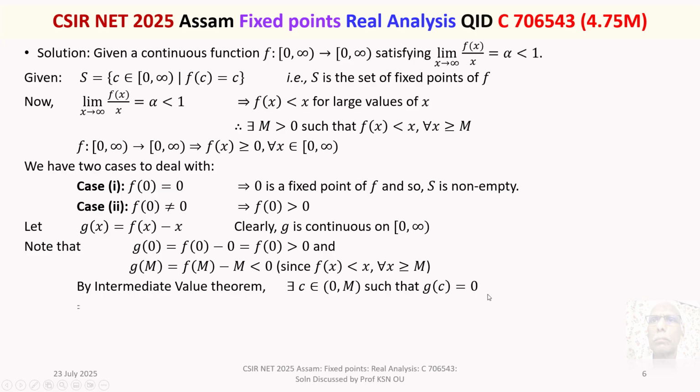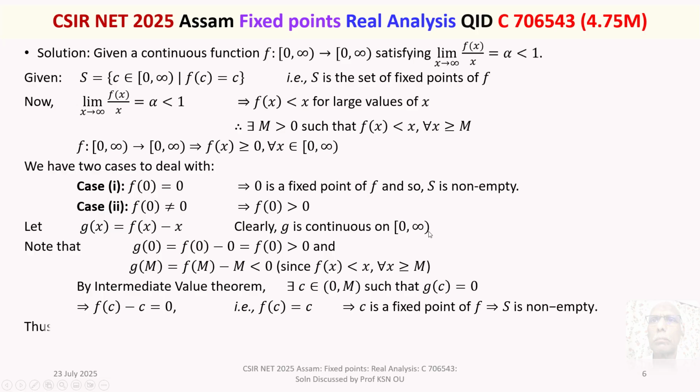Right. That means g of c, that is f of c minus c, is equal to 0. That means f of c is equal to c. That means c is a fixed point of f, and thereby S is non-empty. And in case 1 and case 2 put together, S is non-empty in any case.